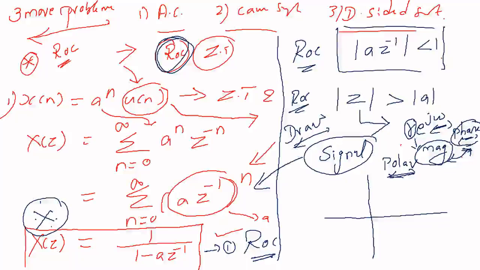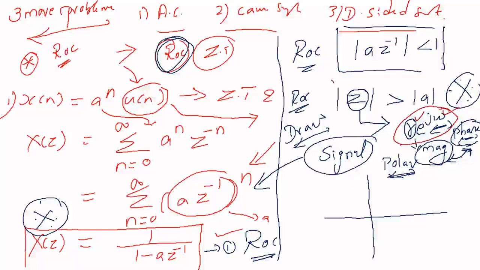So between the Laplace transform and the Z transform there is a significant difference. Since this particular Z is nothing but a complex variable which has a magnitude and a phase, I have to represent the ROC in a polar plot, right?